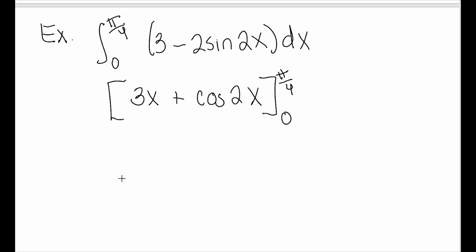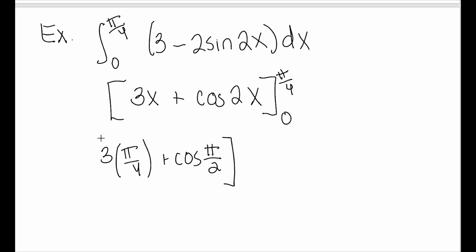So 3 times pi over 4 plus cosine of 2 times pi over 4, which is equal to pi over 2. Then we subtract 3 times 0 plus cosine of 0.